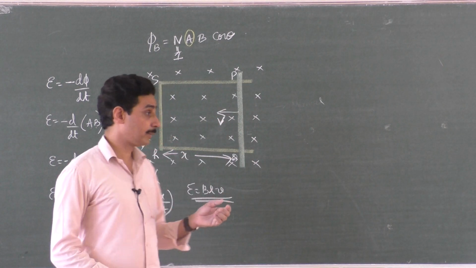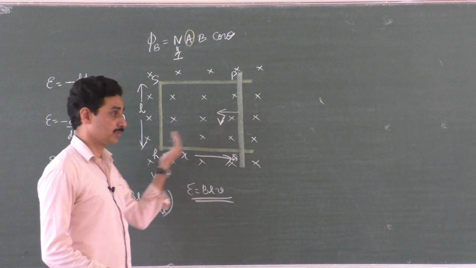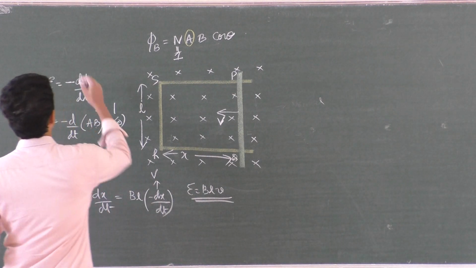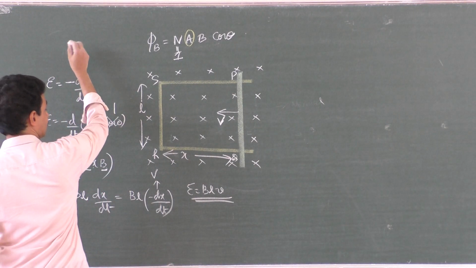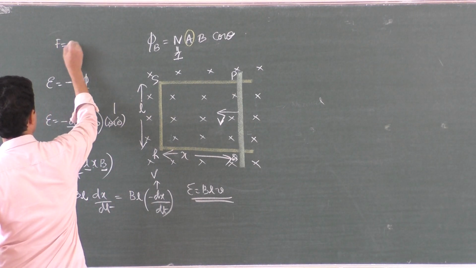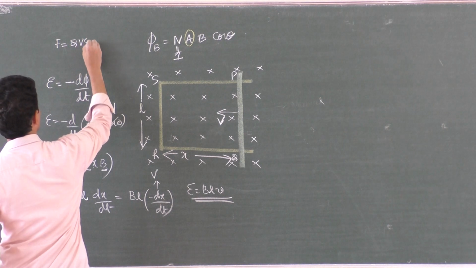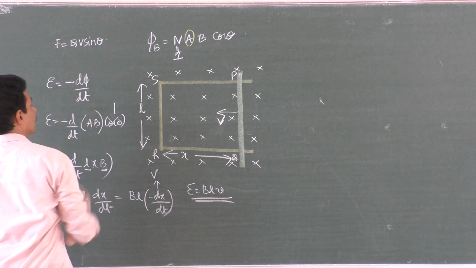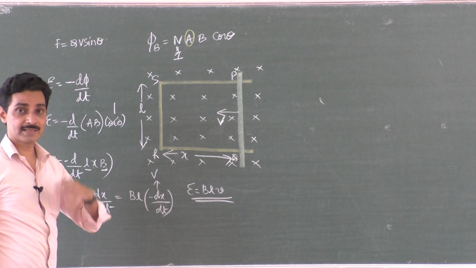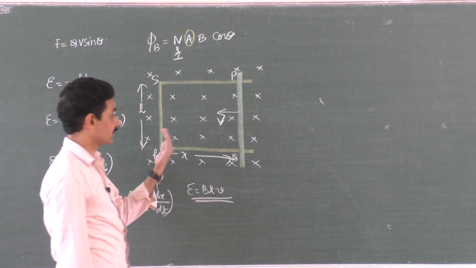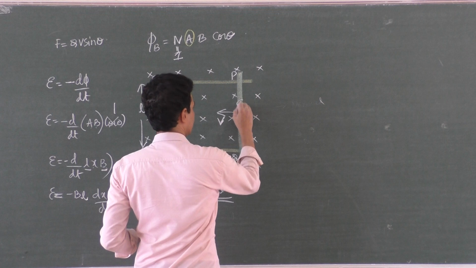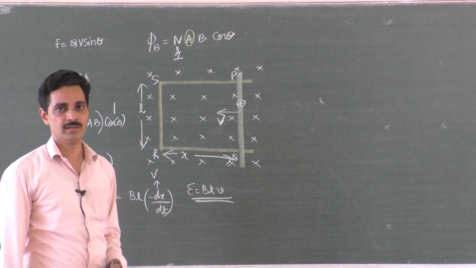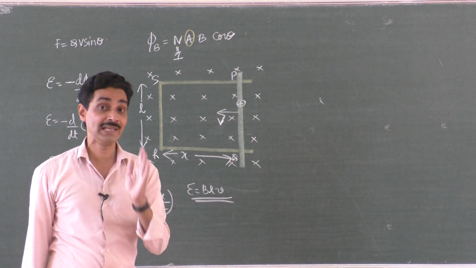Now, if q is the amount of charge in this rod which is moving in this direction, then I can write the force acting on a charged particle moving in a magnetic field as qvB sin theta. Where theta is the angle between the direction of motion of the charged particle and the field. For example, I will take positive charges inside this rod. Actually, metal rods contain free electrons only.